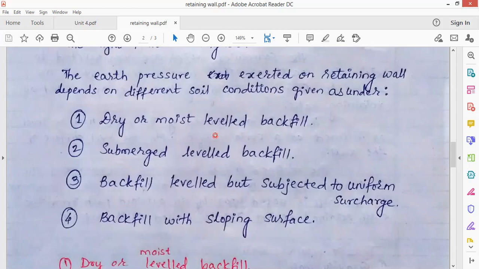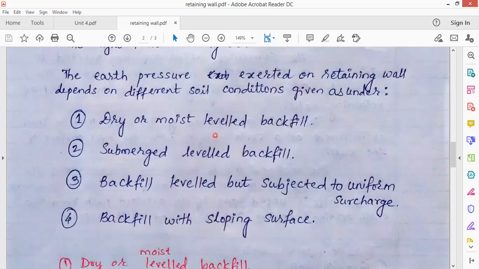Means here the earth will be there, and this earth may contain a certain quantity of water. There will be water content in the earth. So this may be completely submerged, means water will be there till the top of the retaining wall, or maybe up to a certain height of the retaining wall. Then that will be the submerged level backfill. It may be completely submerged or it may be partially submerged.